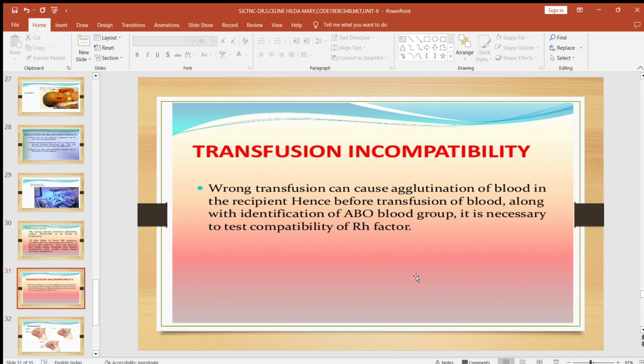Transfusion incompatibility, which means a wrong transfusion, can cause agglutination of blood in the recipient. Hence, for transfusion of blood, along with identification of the ABO blood group, it is necessary to test compatibility of the RH factor also.